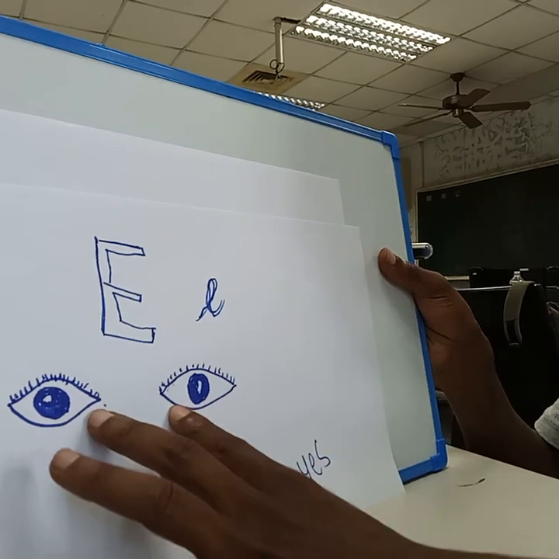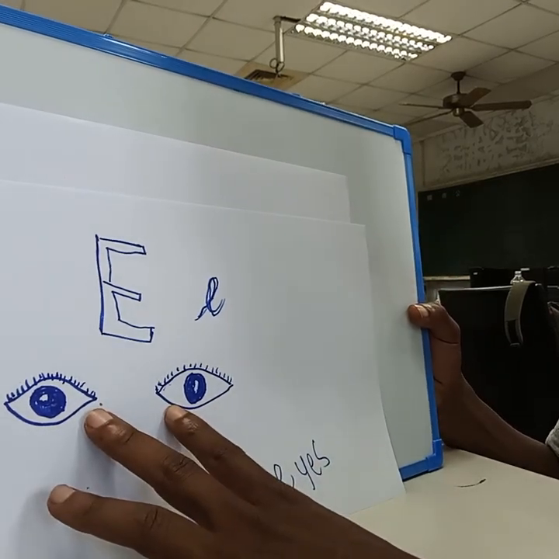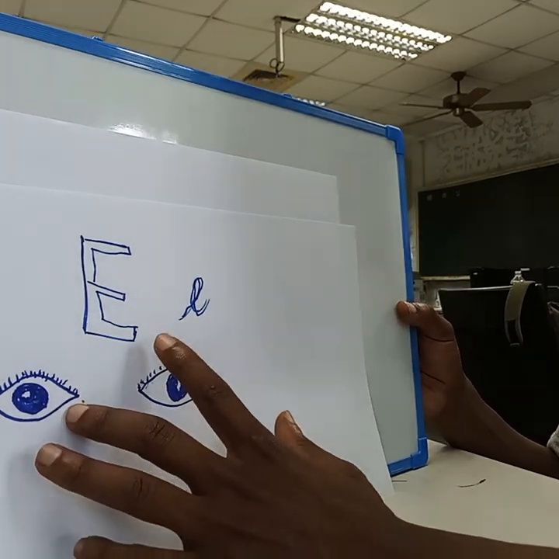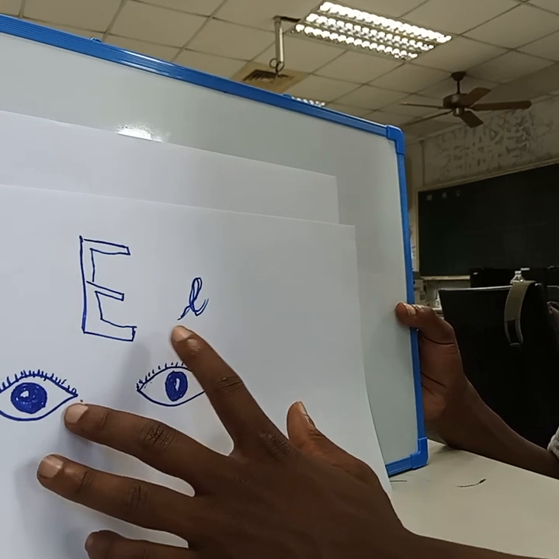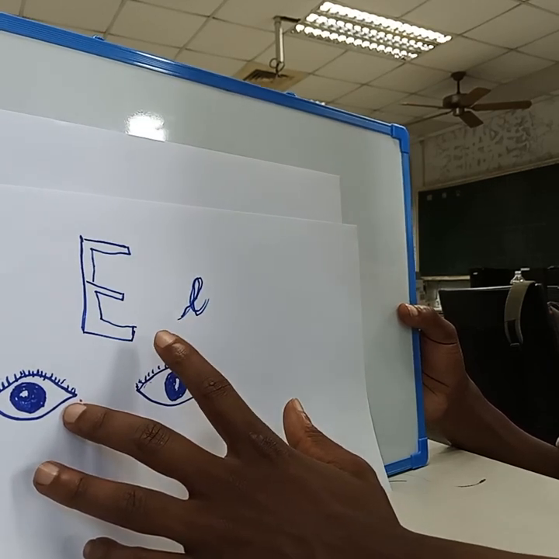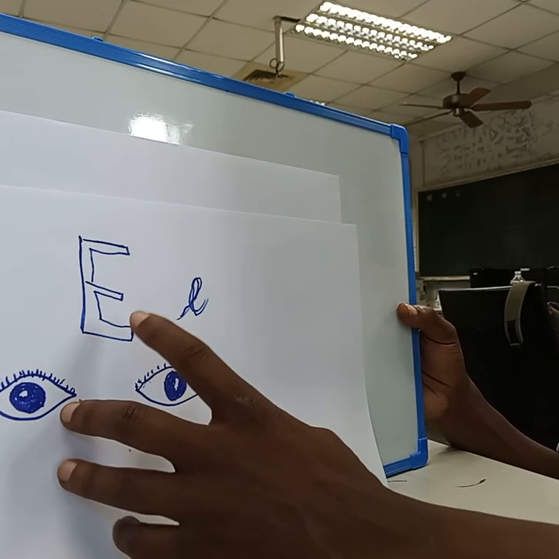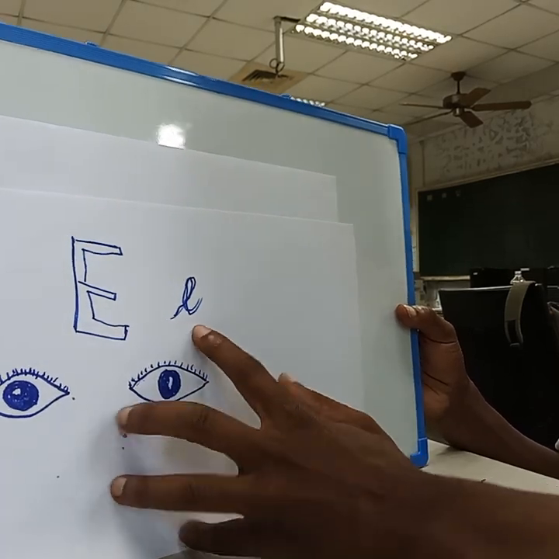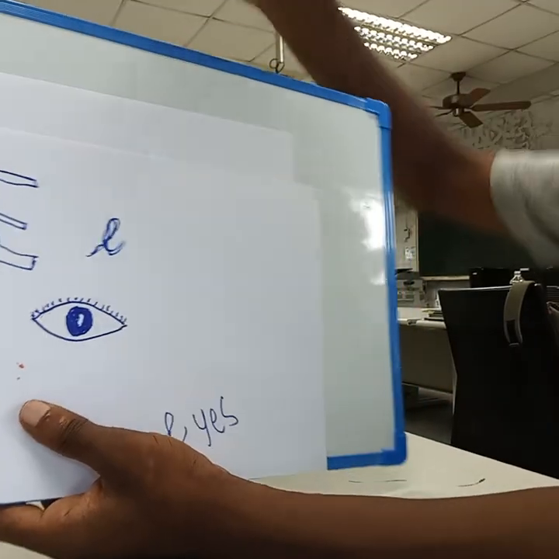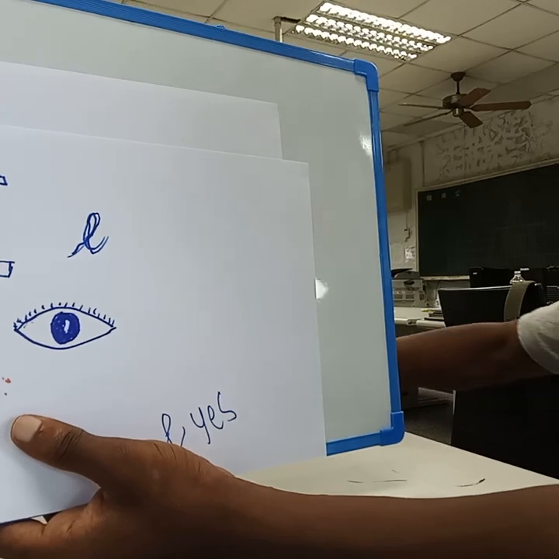These are eyes. E for eyes. Big E, small e. Big E, small e.